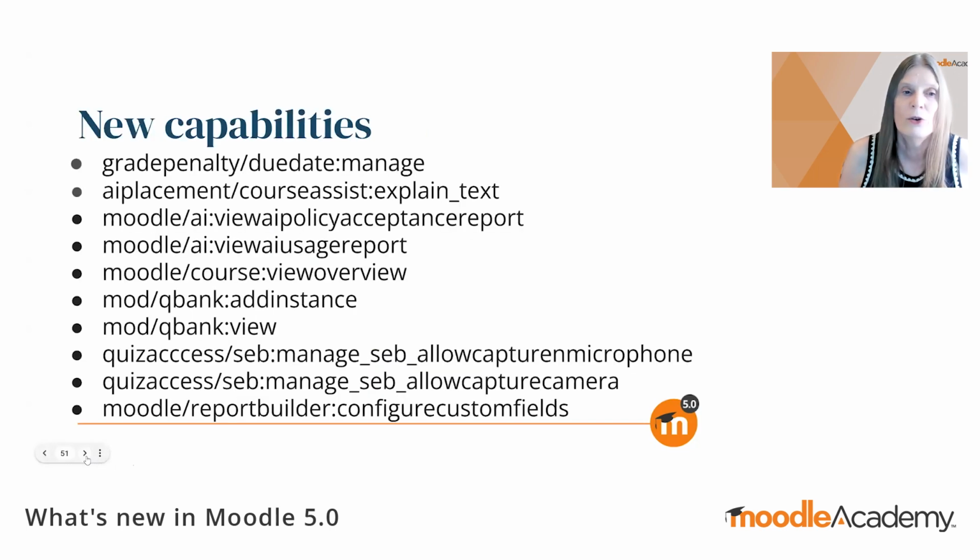And then, as ever, new capabilities coming with Moodle 5. I'm not going to read them all out, but you will see as we skim through them that they relate to the new features. So grade penalty, several relating to AI, policy, usage, question bank, report builder.